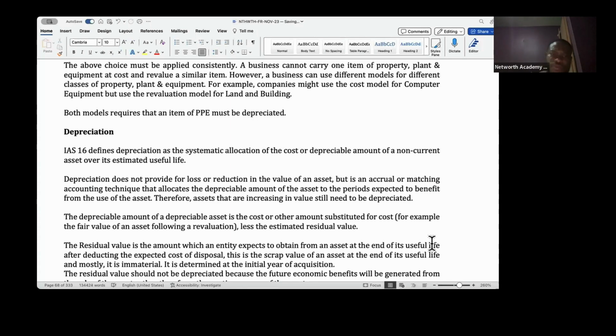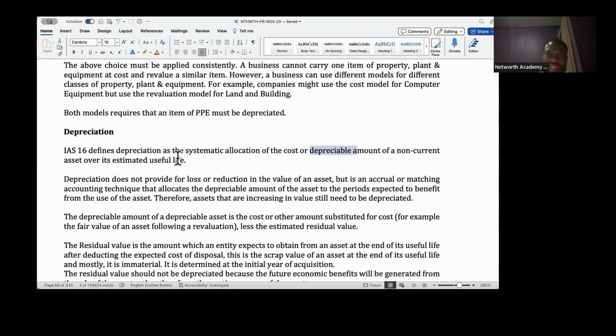So what does that even mean? Systematic allocation of cost or depreciable amount of a non-current asset over its estimated useful life. Looking at this definition, what we are trying to do is allocate the cost or depreciable amount of an asset over its life.